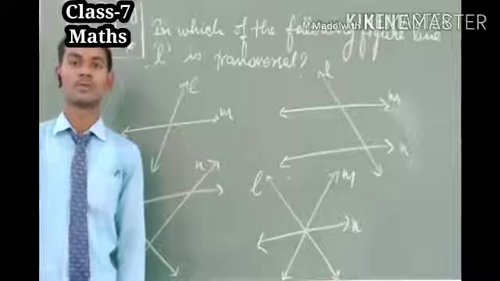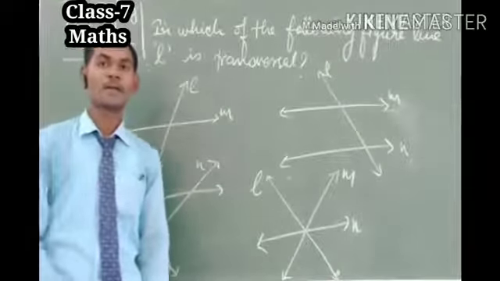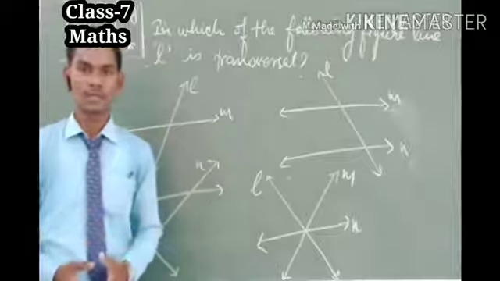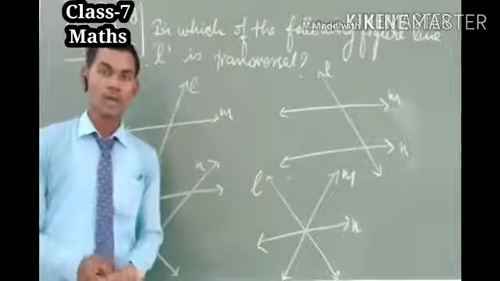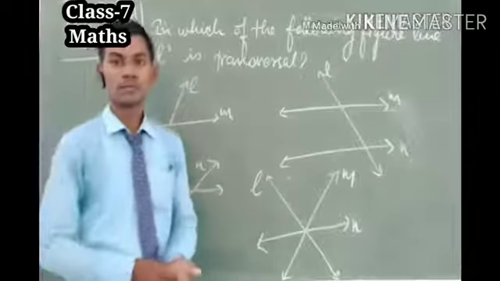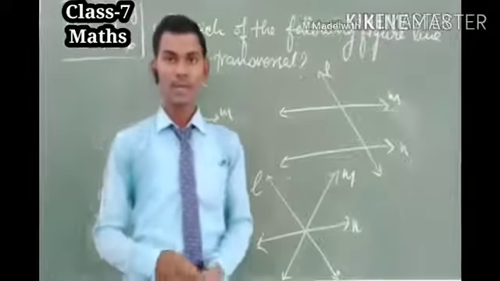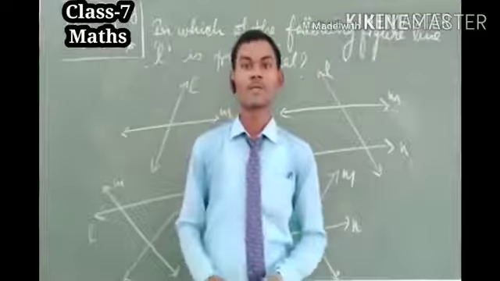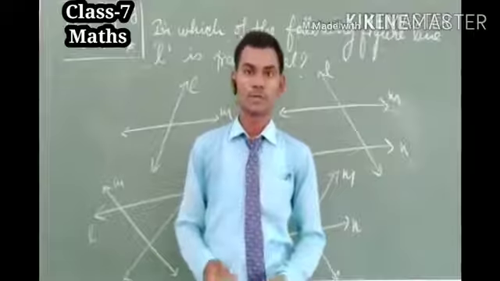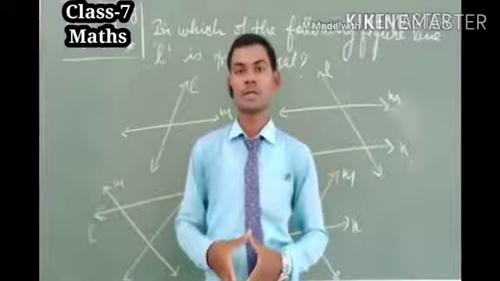First of all, to identify which line is a transversal, we have to know the definition of the transversal, because without the definition we cannot identify which one is a transversal. So you need to learn the definition.